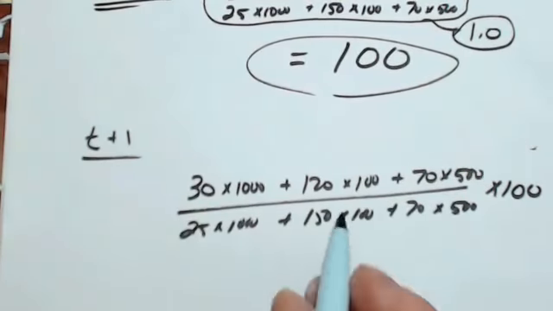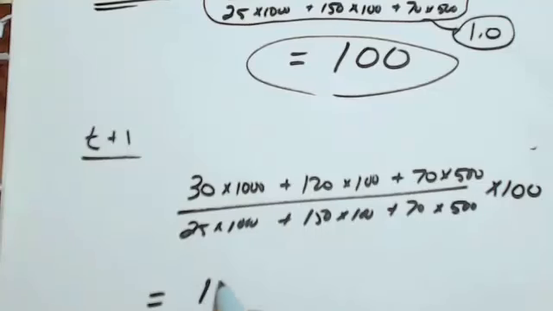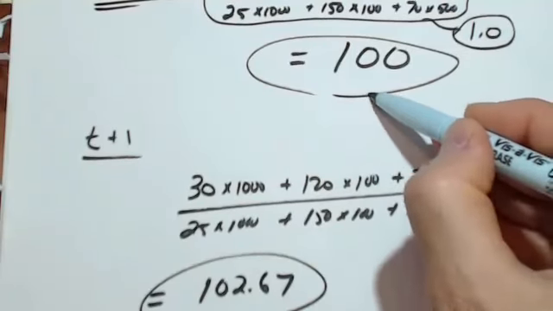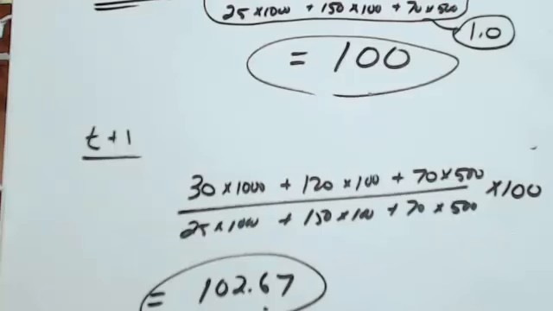And so when we do that, we get 102.67. So the index in this problem went from 100 to 102, for a 2.67% gain.